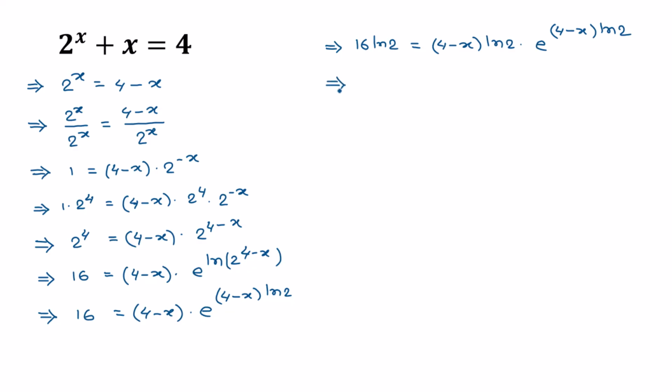Now taking the Lambert W function to both sides, we can write W of 16 ln of 2 is equal to W of 4 minus x times ln of 2 times e to the power 4 minus x times ln of 2.